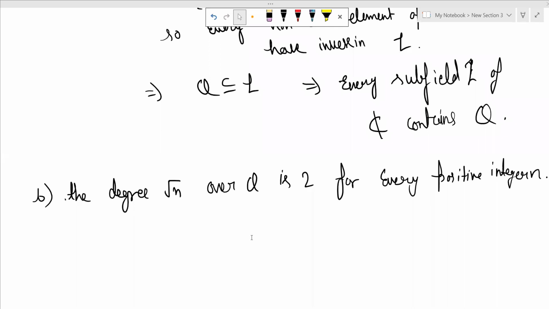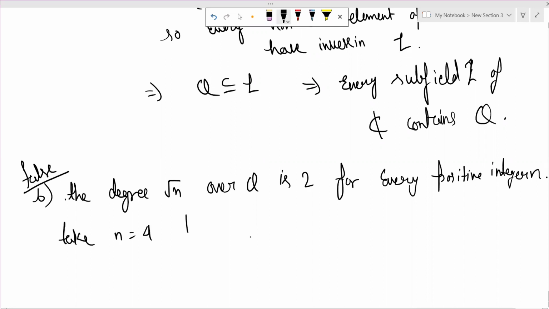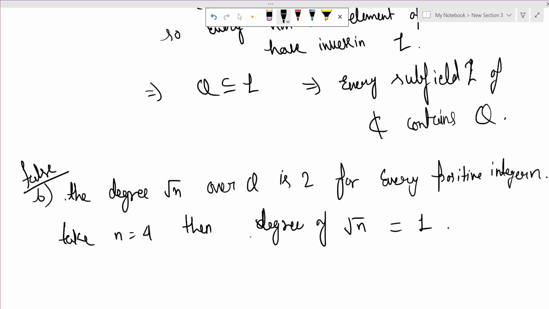So x minus 2 is a minimal polynomial, so its degree is 1, right? So the statement is false. For every positive integer n, that is the point to be noted. Take n equals 4, then degree of root n is equal to 1.